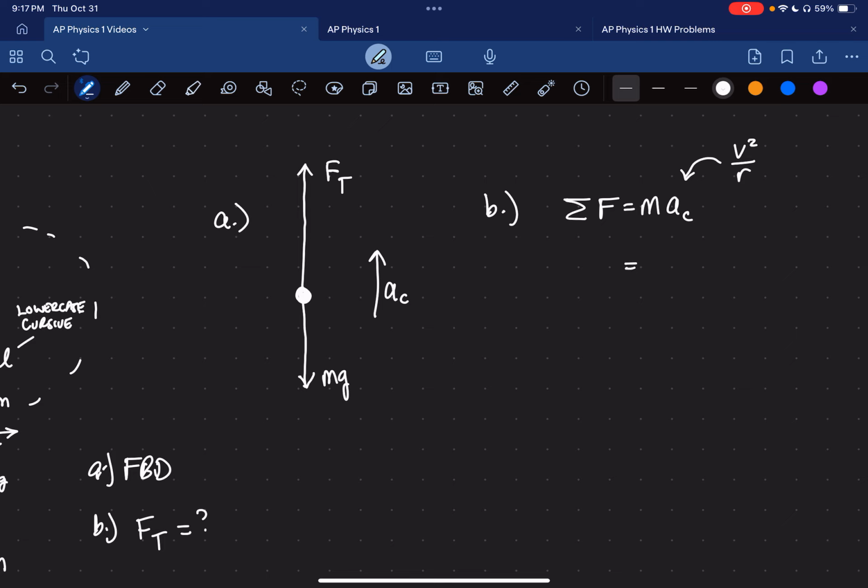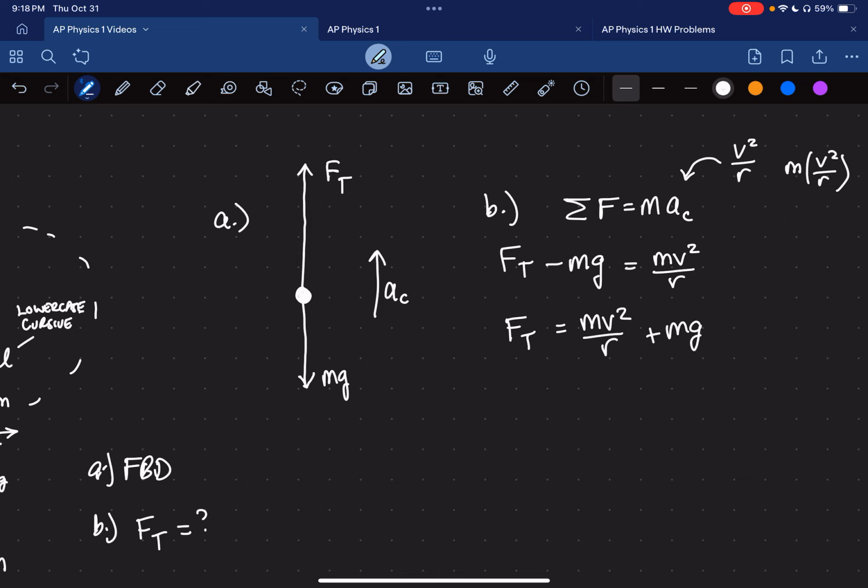So let's do that. You could make it look like m times v squared over r, but the m can just come upstairs with the speed. So we're going to write mv squared together over r equals the sum of the forces. We'll put tension force first, subtracting mg, and of course to get F_T isolated, we will add mg to both sides.